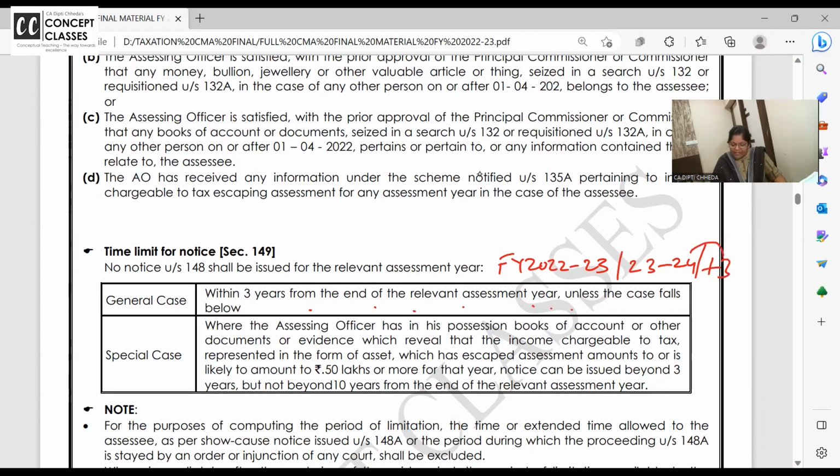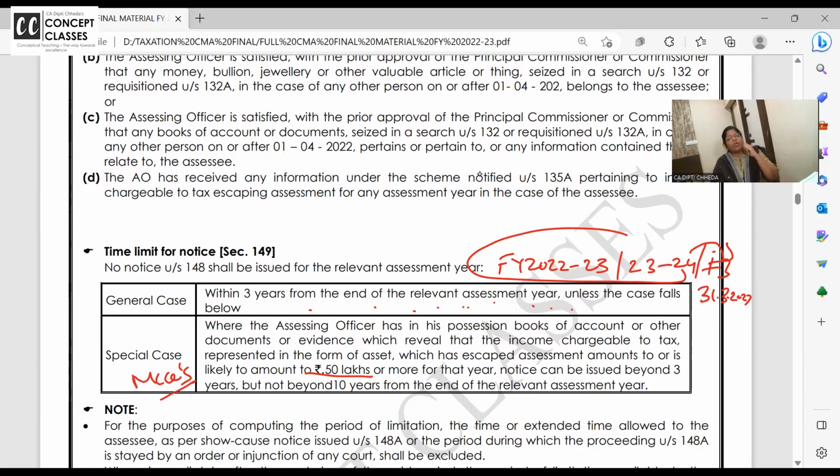From here plus 3 years. From March 24 plus 3 years, March 25, March 26, 31st March 27, you can issue notice under 148 to reassess the income of this year, if the income which has escaped assessment, mark it very important for MCQs, is not exceeding 50 lakhs.